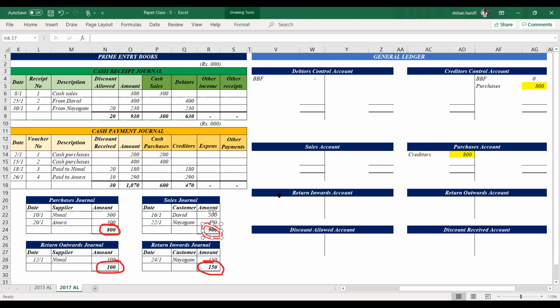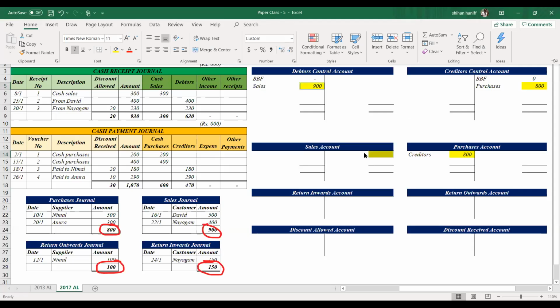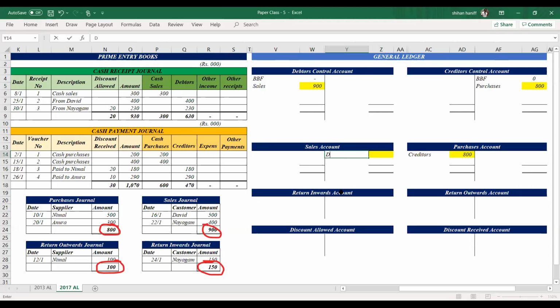Then we have sales. What is the double entry for sales? Debtors account debit 900 and sales account credit 900. So that's the double entry for credit sales.